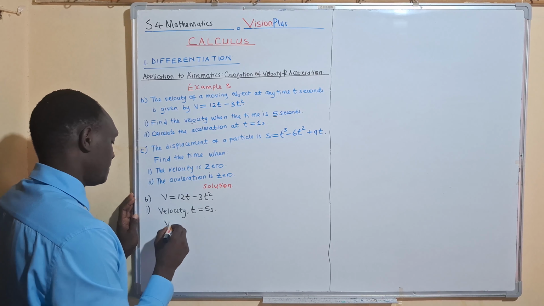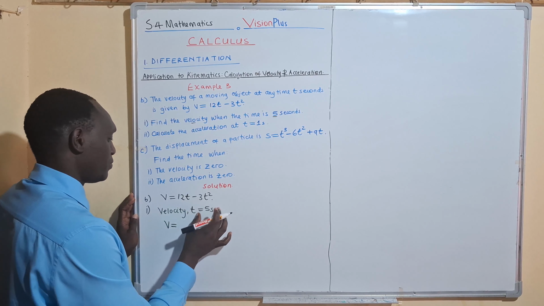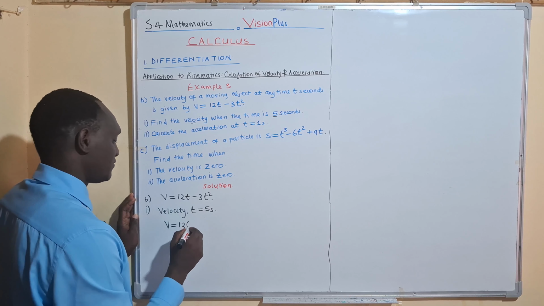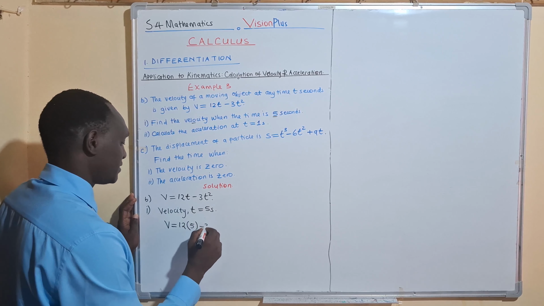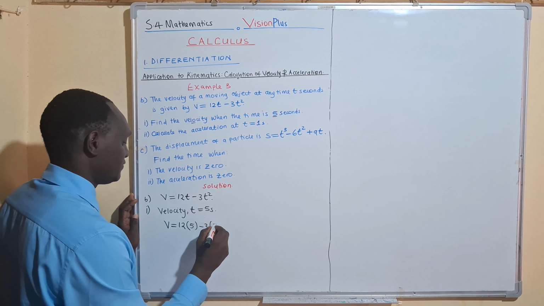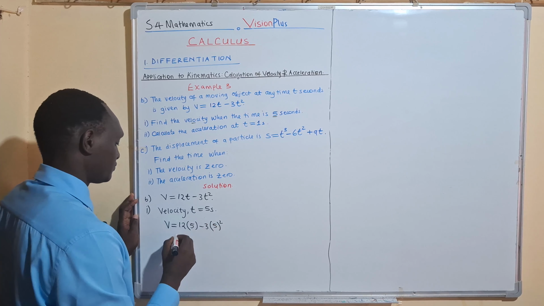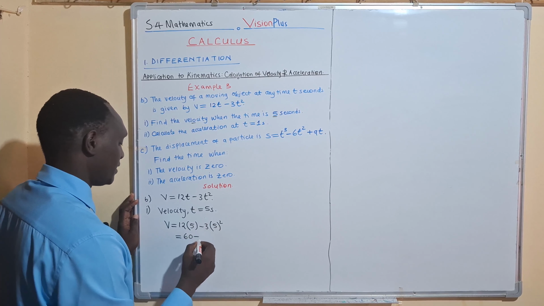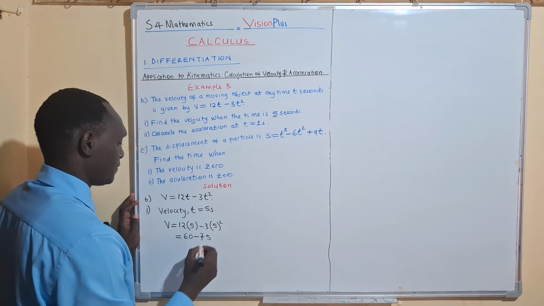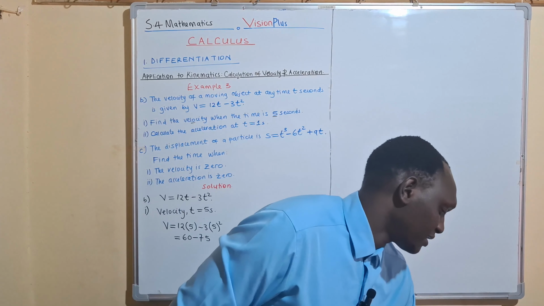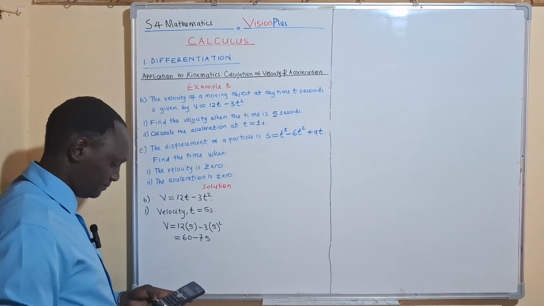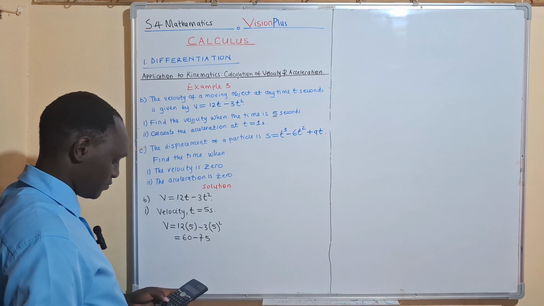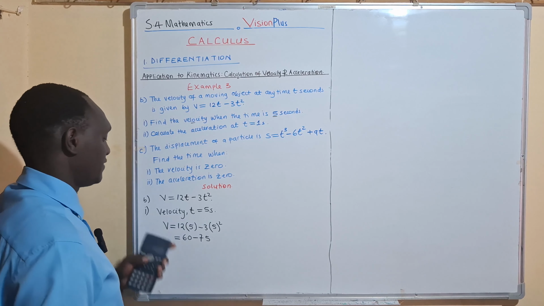So our velocity when the time is 5 seconds becomes 12 times 5, minus 3 times 5 squared. 12 times 5 is 60, minus 5 squared is 25, times 3 is 75.